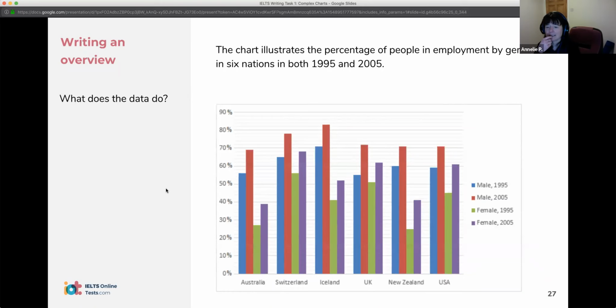If we contrast 1995 with 2005, 2005 is higher. So in all of the countries and both of the genders, we have an increase in employment. And there's no exception to that. So that's very much something that you want to put in the overview. All countries, both genders, increase in employment.